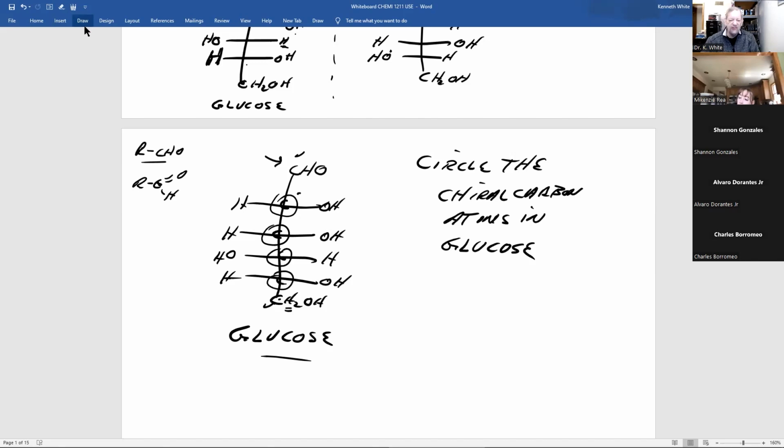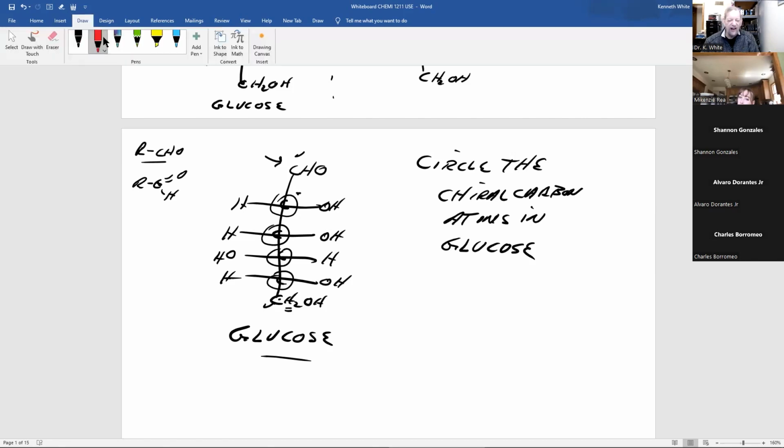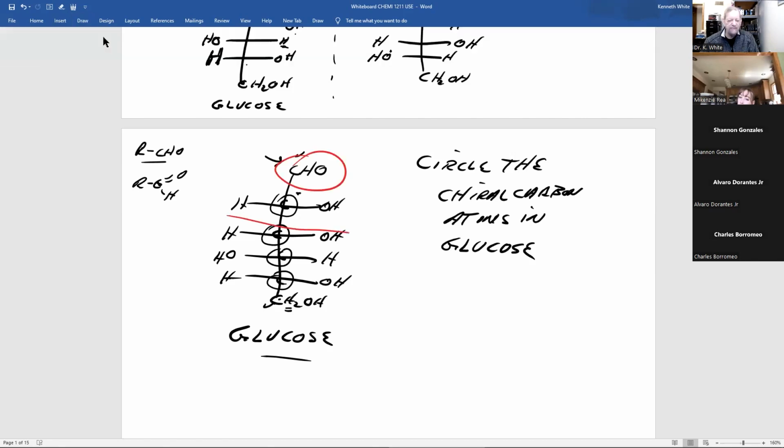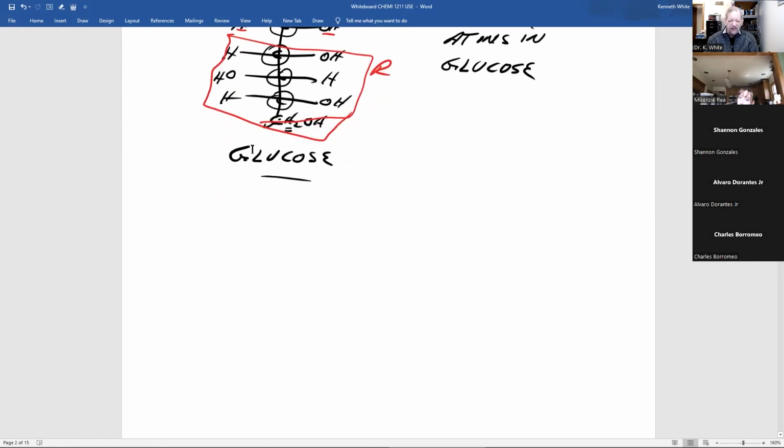And if we look at this carbon, it's got this aldehyde, and I'll call the rest our hydroxyl group and hydrogen. That's 4 different things. And if you do the other carbons, it has 4 chiral carbons you should have circled.